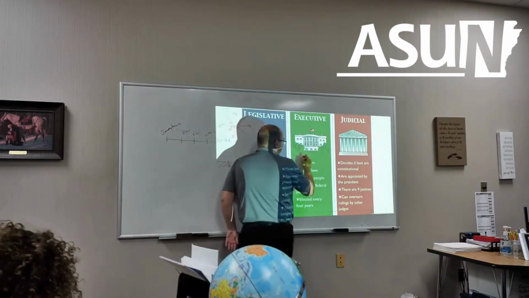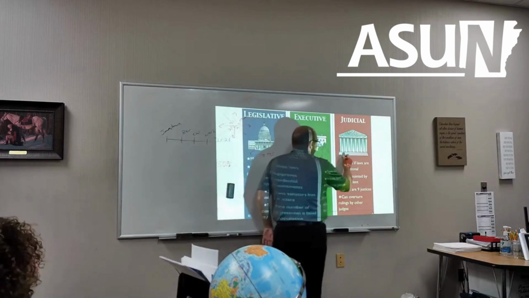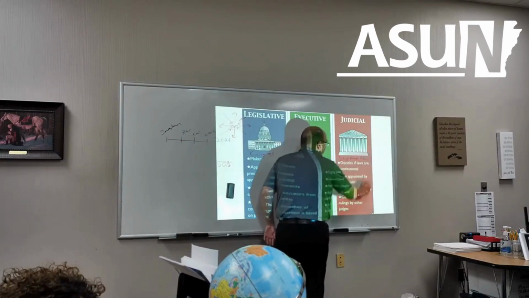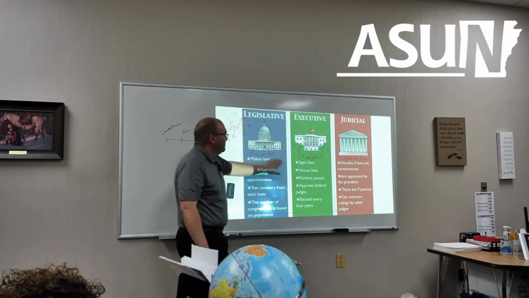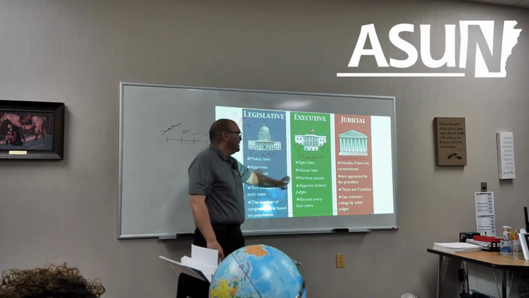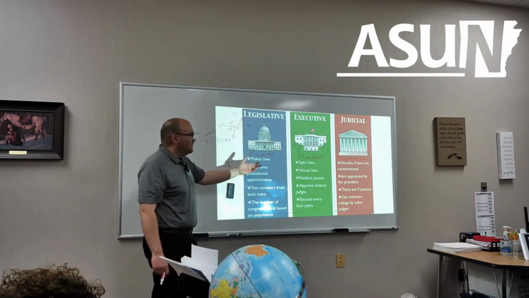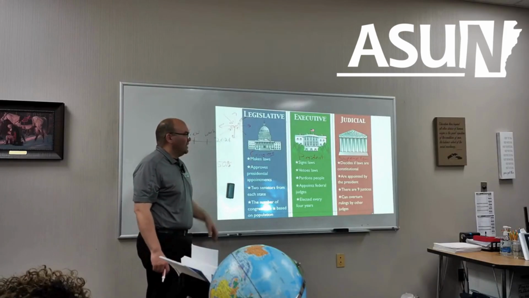The President of the United States runs the executive, and the Supreme Court runs the judicial. So they're like, look, if we break this up into thirds, then theoretically, this government will never get too powerful to infringe upon our rights.